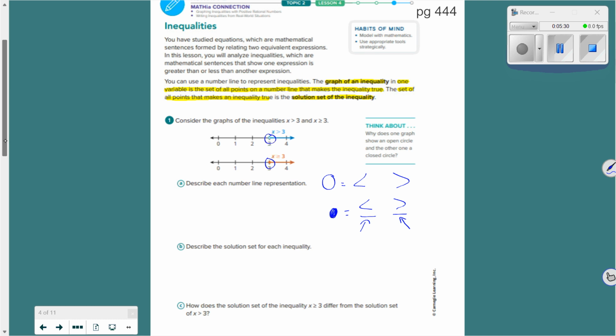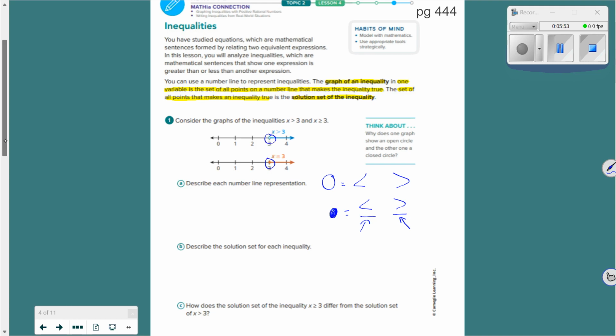Now I say yes, because it's included. So just by adding that line, I now have one more number in the infinite universe of numbers that is now a correct answer, and that is the number 3. Now it is included in my solution set. Does that make sense for everybody?